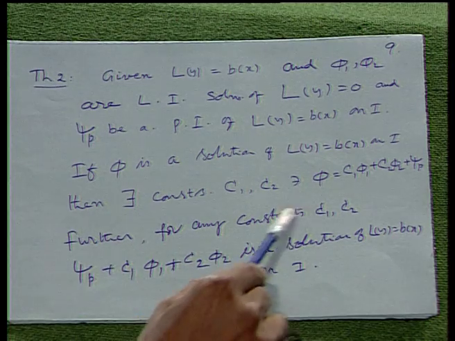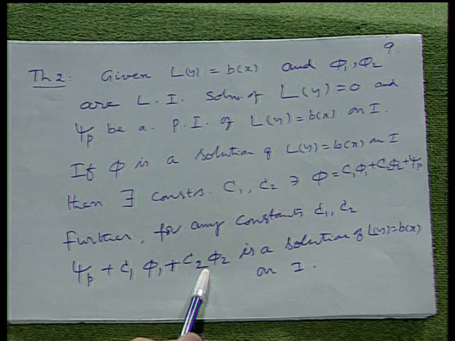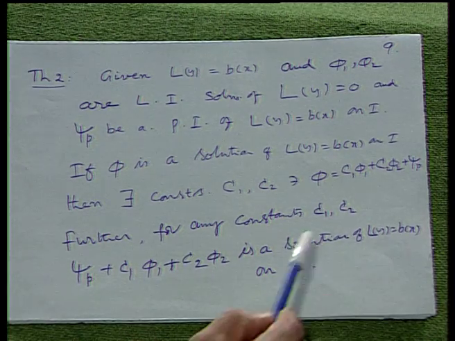Further, for any constants C 1 and C 2, psi p plus C 1 phi 1 plus C 2 phi 2 is a solution of L y is equal to b x on I.